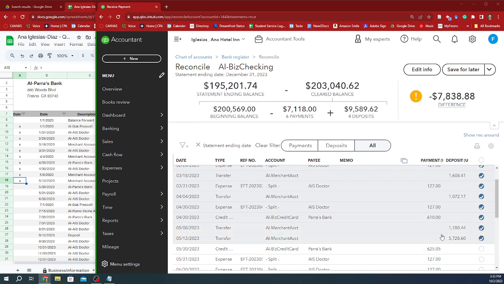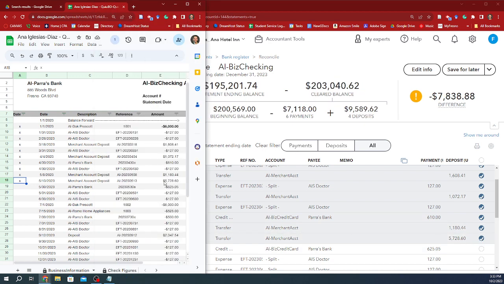That's correct. Those are deposits from your transfers from your merchant account, right? So those are transfers coming over from your merchant account. 1, 2, and 3. And then there's another one for 1,027.4. So that's one, this one, this one, and this one. Yeah, so there's 4 of those.